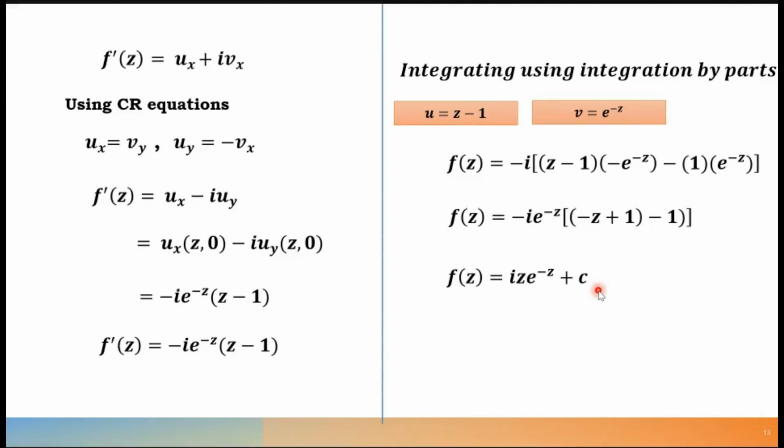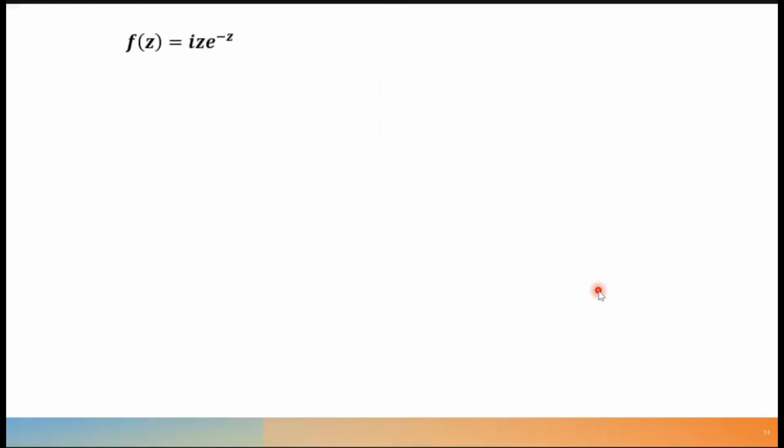Okay, then putting z equal to x plus iy. In the second term, it will be minus e raised to minus z.